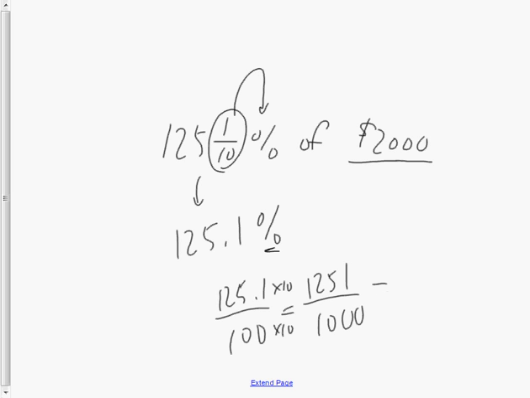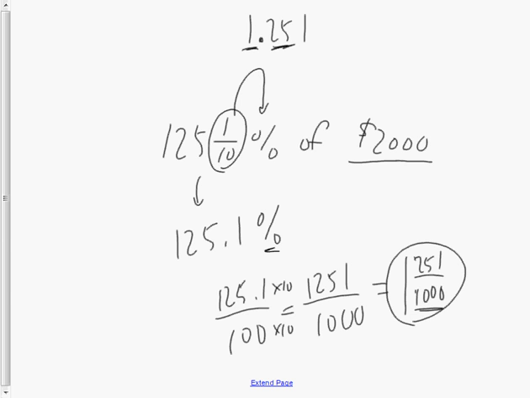And once you have that, you can change it to an equivalent mixed fraction, which is 1 and 251 thousandths. And that's important because once you have it as a mixed fraction with a base 10 denominator, 1 and 251 thousandths represents 100%, 25%, and 1/10%.